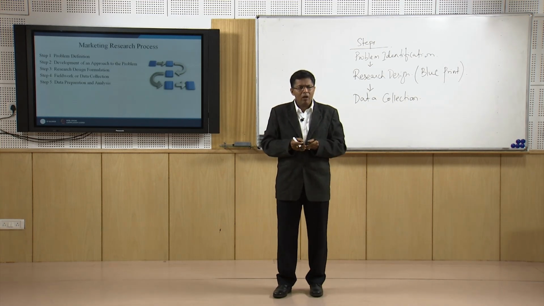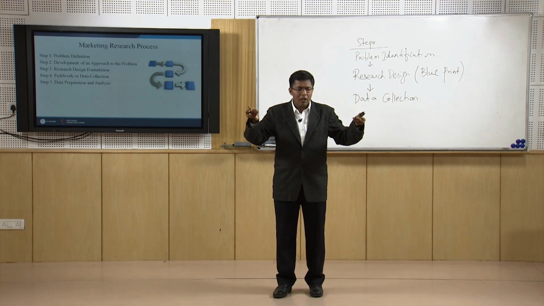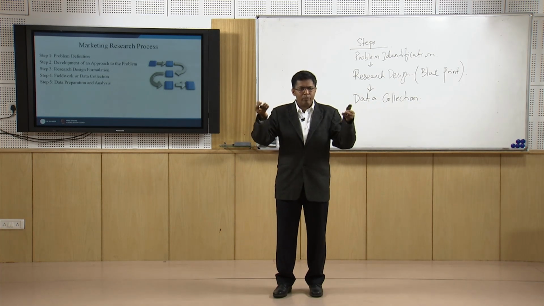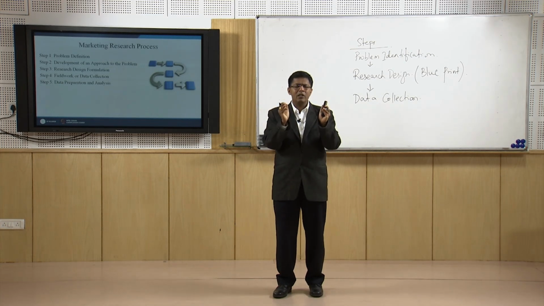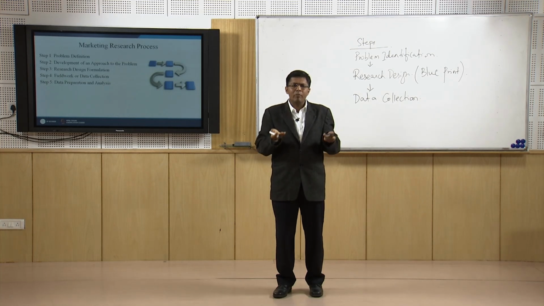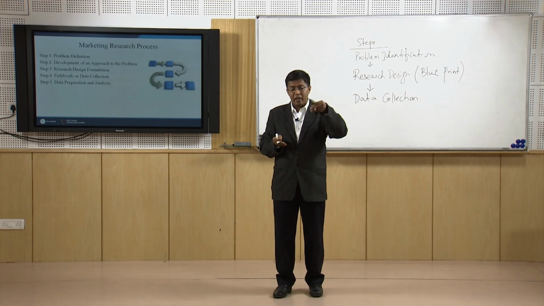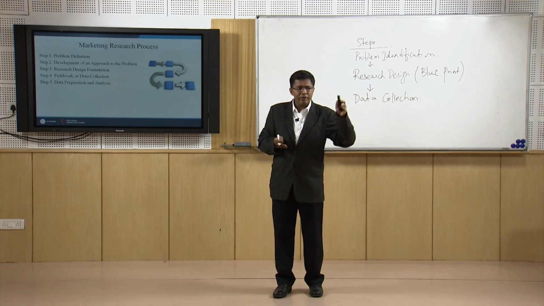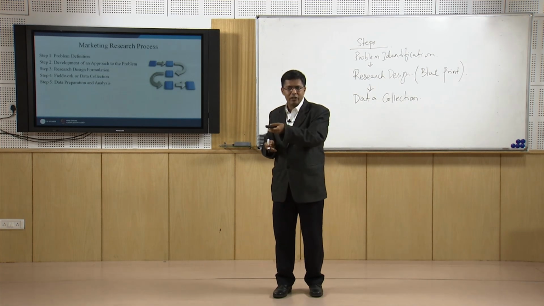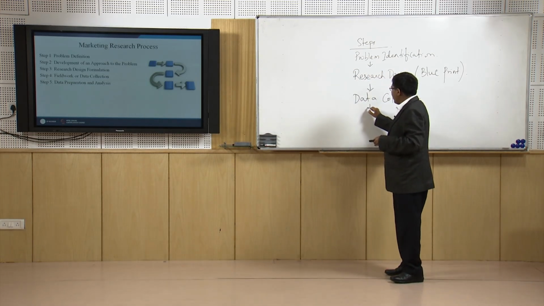Or if I have some earlier database of people who have purchased the Enfield Bullet, I know the demographic variables, the psychographic variables, or the characteristics of people who are buying a Bullet. If people who buy a Bullet will also tend to buy, let us say, a Jeep, and there is a correlation, I can use the Bullet database for the Jeep. So you have to understand how your data is there and how it has to be collected.